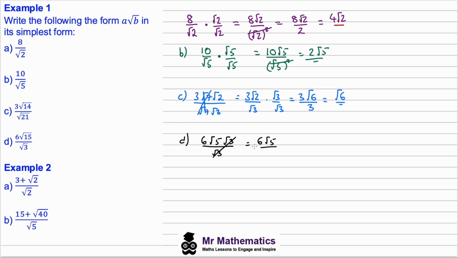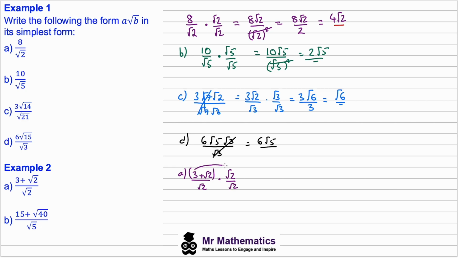Okay? If we look at example 2, now our numerator is more complicated, but it's exactly the same idea. So we've got 3 plus root 2 over root 2. We multiply the numerator and denominator by this root 2. So I'll put this into brackets.